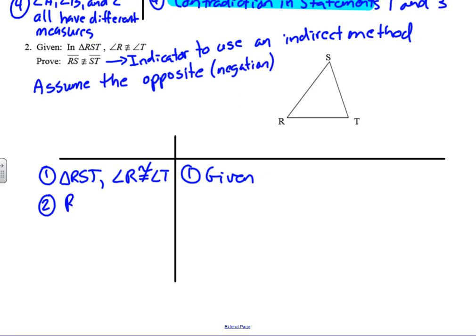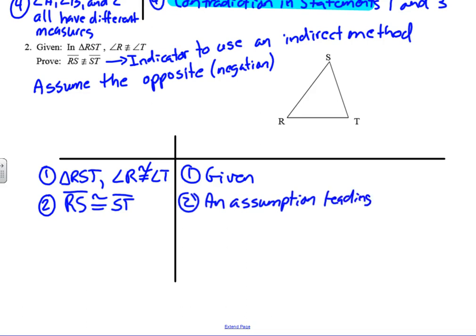So we're going to assume that RS is in fact congruent to ST. So that is this reason, an assumption leading to a contradiction. If RS is in fact congruent to ST, then what kind of triangle is that? Well, that would mean that angle R and angle T are congruent.